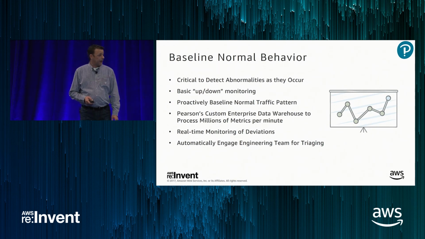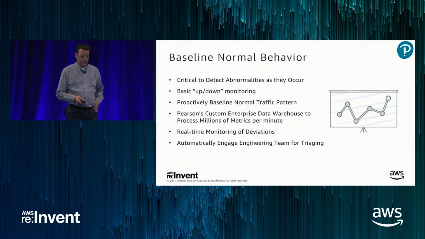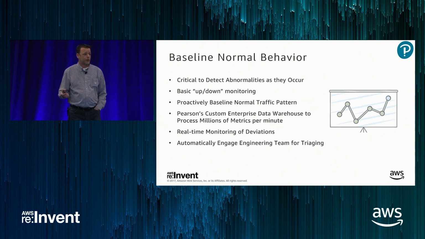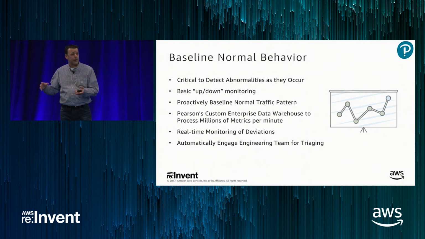Something else that we focus on is baselining. One of the things we try to do across all the product lines that we support is baseline normal behavior. What does normal look like across all of our applications? With basic up-down monitoring, we get a real-time view of what the applications and the traffic look like, and what the normal high peaks and low peaks look like.